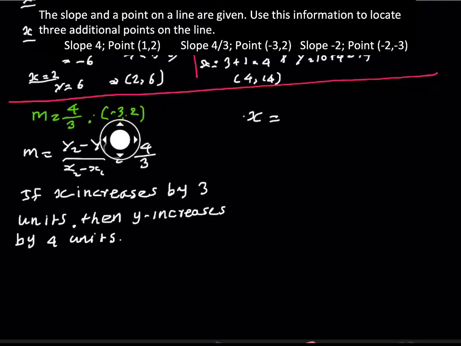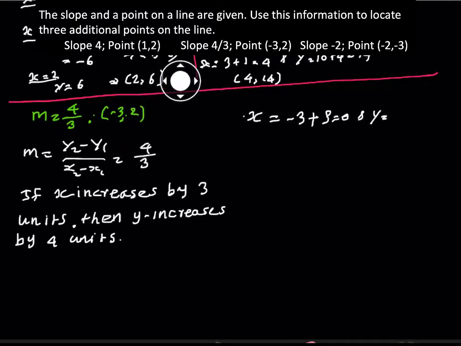Negative 3. So I use negative 3 plus the increment, positive 3. Therefore, 3, then the answer is 0. And y, what is the y value here? 2. Therefore, 2 plus the increment 4 equals 6. So we have a point 0, comma 6.